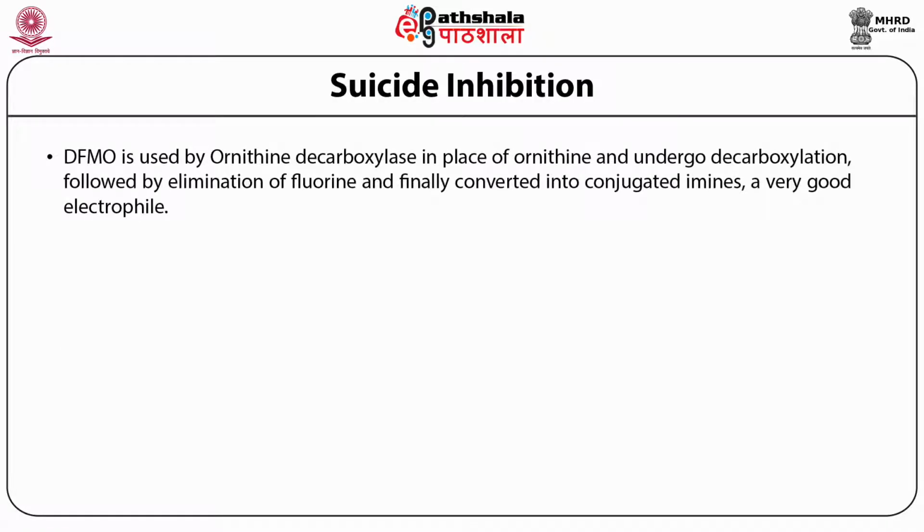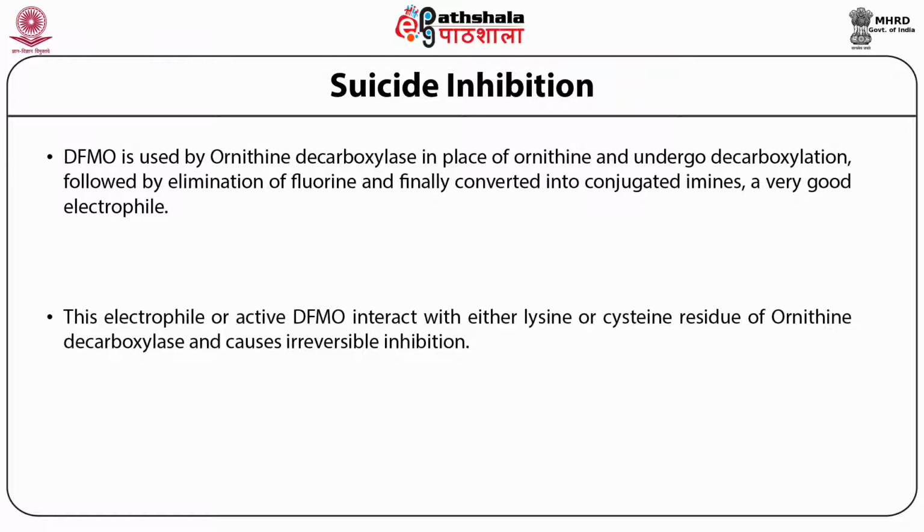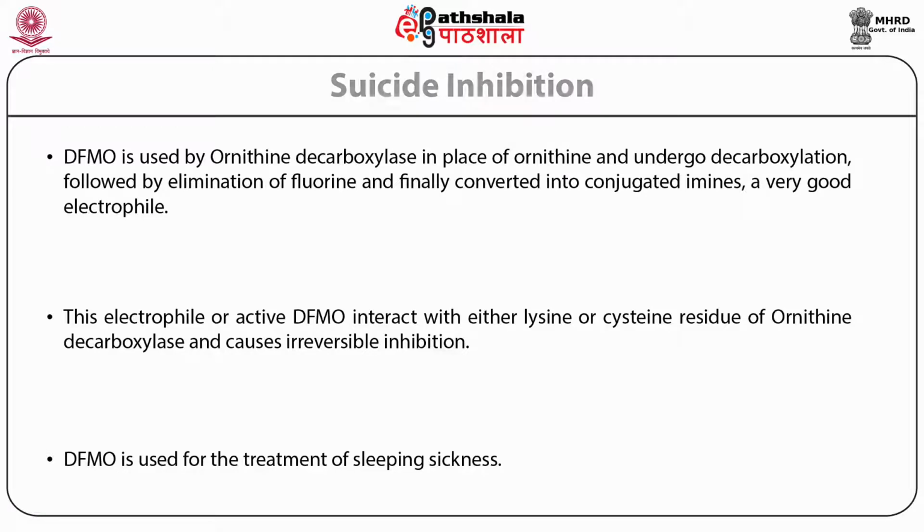DFMO is used by ornithine decarboxylase in the place of its own substrate, that is ornithine, and undergoes decarboxylation. So after decarboxylation, it is activated and then it irreversibly inhibits the ornithine decarboxylase. DFMO is used as a treatment for sleeping sickness.